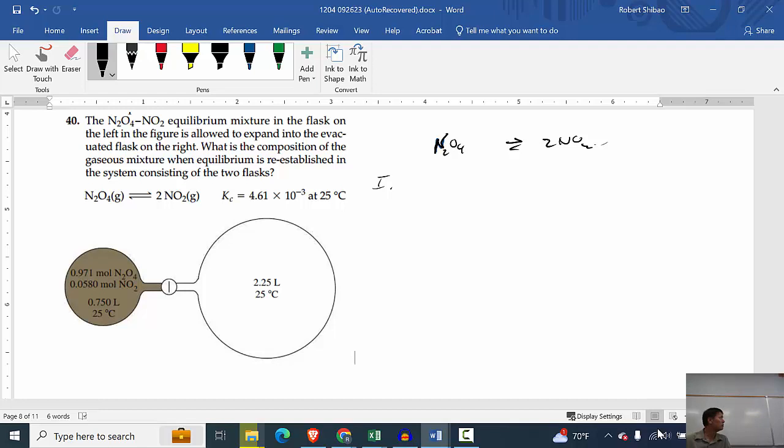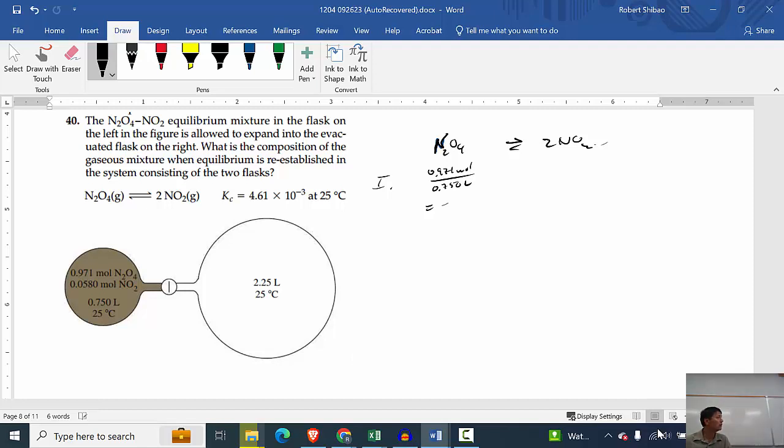So for N2O4, I'm going to have 0.971 mole per 0.750 liters. Then I need to calculate the molarity of that: 0.971 divided by 0.75 is 1.29.